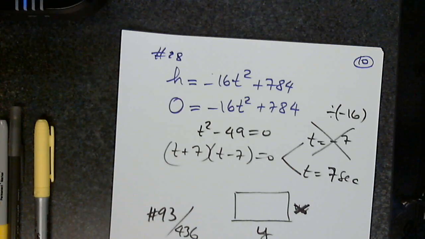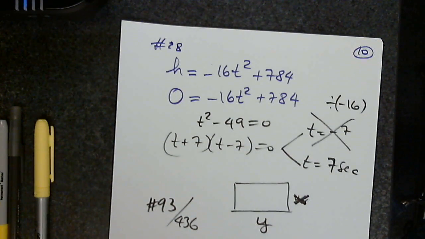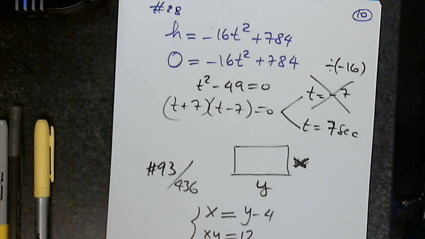Its area is 12 square inches. The area, very good, is 12 square inches. Y times x equals 12. Thank you. Good. So no measurement units are required in a system.